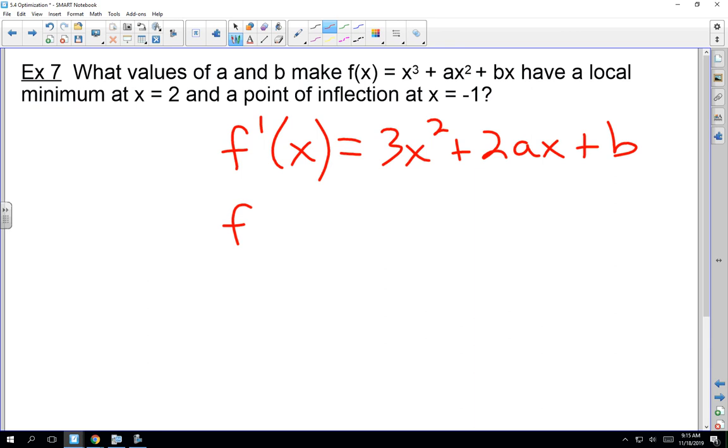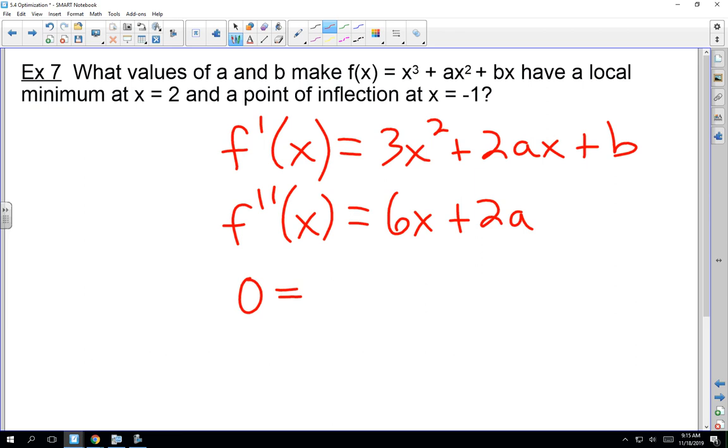And then f double prime of x would equal 6x plus 2a, and as Wyatt said, b exits out of the problem here. And so I can go ahead and set f double prime equal to 0. So I've got 0 equals 6x plus 2a, and I really wish I had an x value.